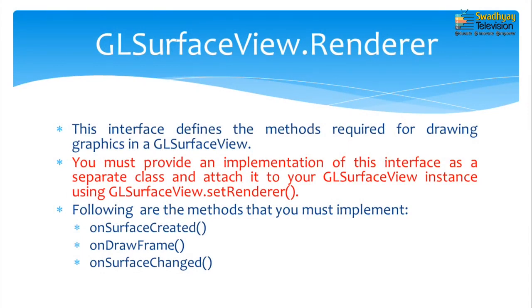Next is the GLSurfaceView.Renderer interface. This interface defines the methods required for drawing graphics in GLSurfaceView. As I mentioned earlier, you can attach this renderer to your GLSurfaceView using the setRenderer method, and you need to implement three methods of this renderer. First is onSurfaceCreated, second is onDrawFrame, and third is onSurfaceChanged.